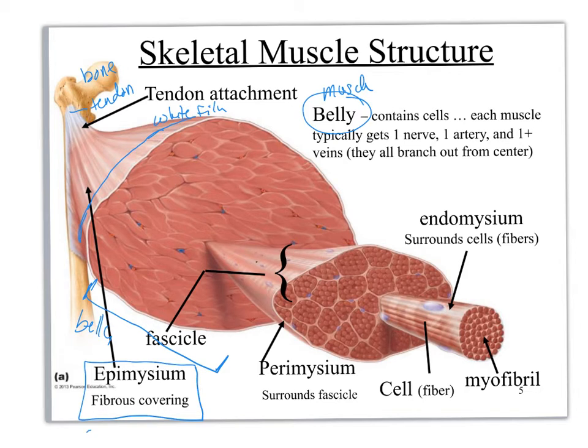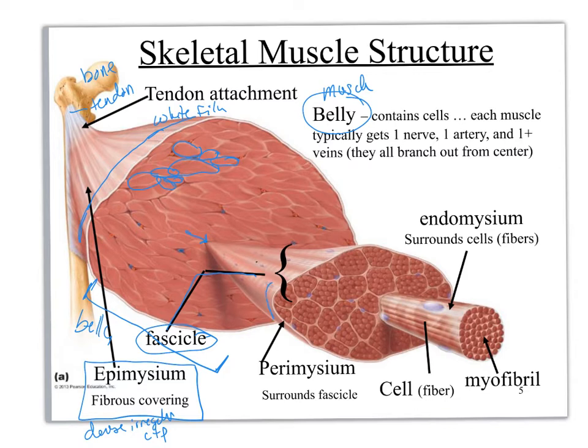And remember, that's going to be typically a dense irregular CTP. Okay? Now, in here, within this, I've got these things that look like people have taken bundles of grains and wrapped them up together. All right, each bundle is called a fascicle. So here we've pulled out one bundle so that you could see it better.